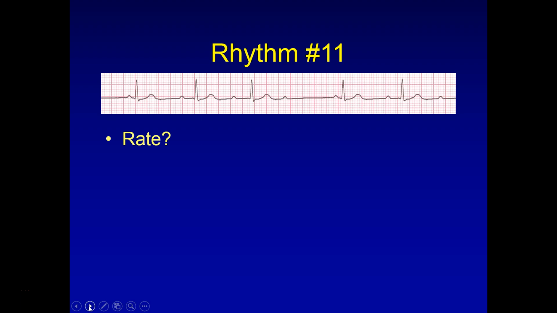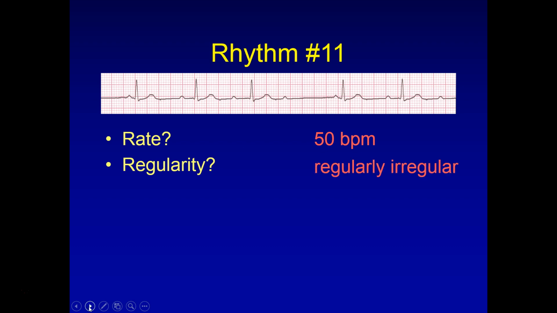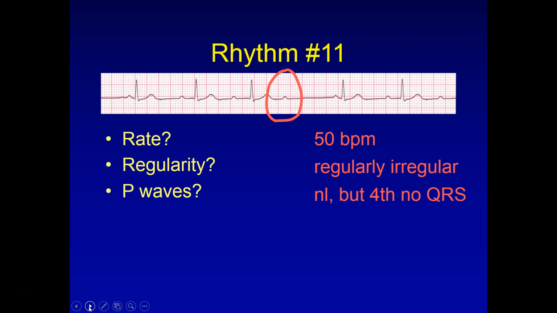What's my rate? 50 beats per minute. Is it regular? Well, no, it's not regular. It doesn't march out all the way through. P waves: I have a P wave that doesn't have a QRS behind it. That's going to be significant.